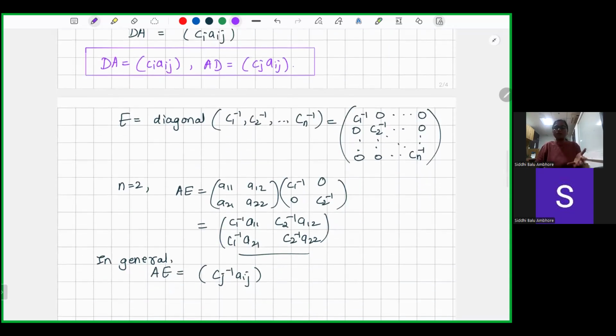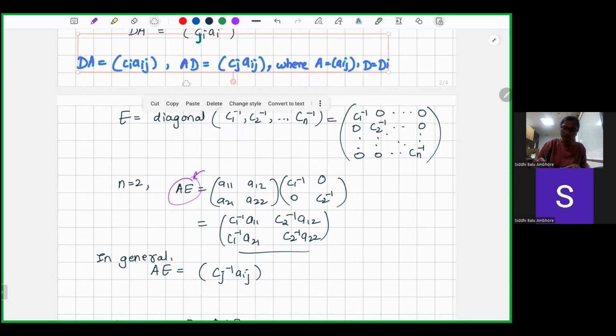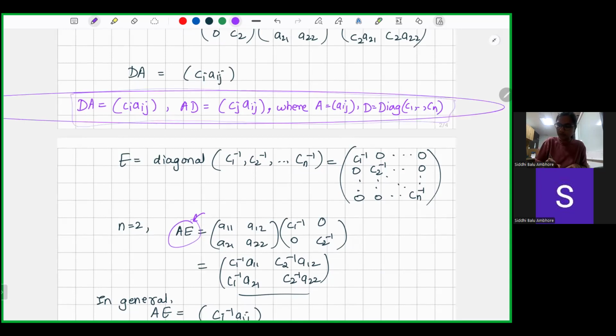If you are trying to do some calculation, that's what is happening here. When we are calculating AD, it is just multiplying, where A is Aij and D is diagonal C1 to Cn.